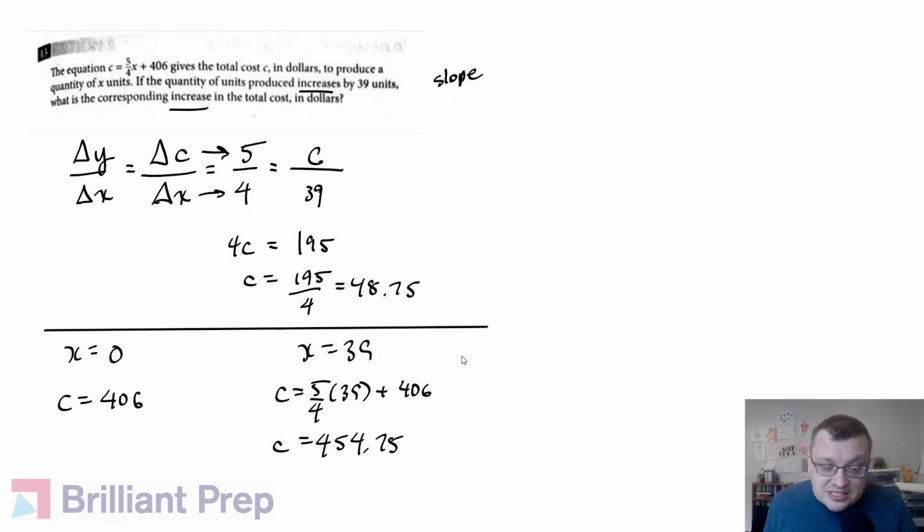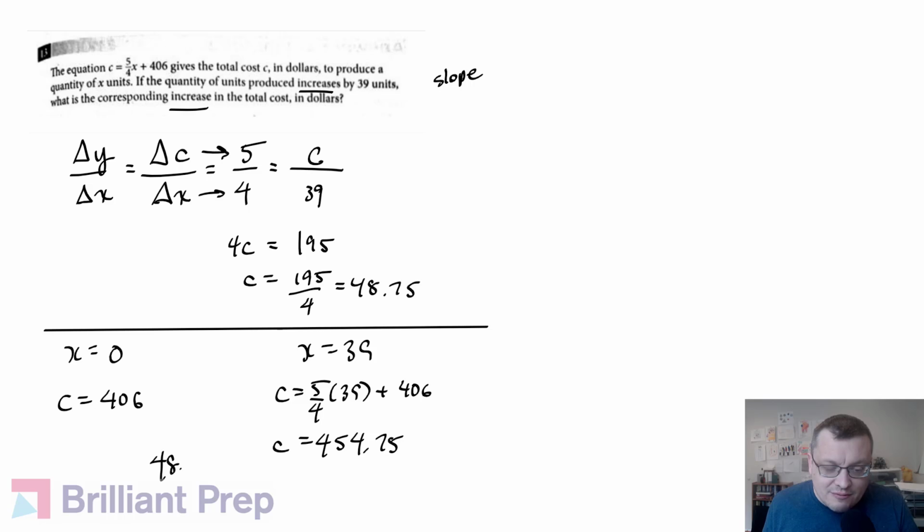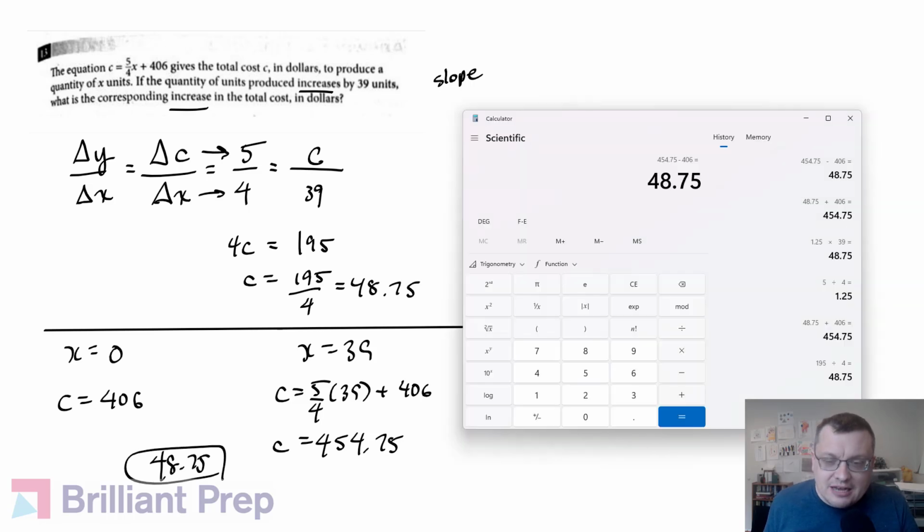Now we can just subtract the two costs to find the difference, and again we get 48.75.